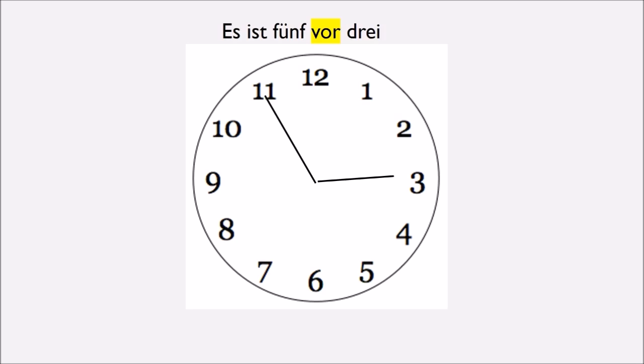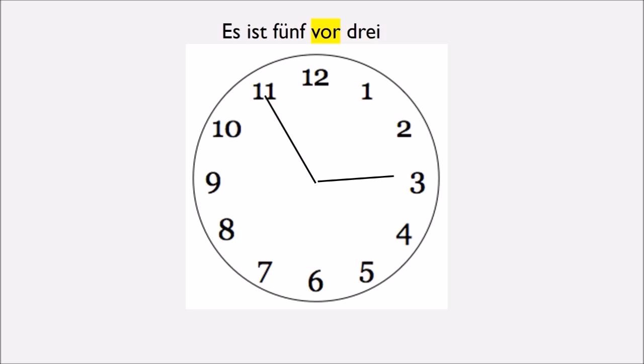And that is everything that's easy. So if you remember, past is nach, to is vor, and we're following the pattern 5 past, 10 past, quarter past, 20 past.